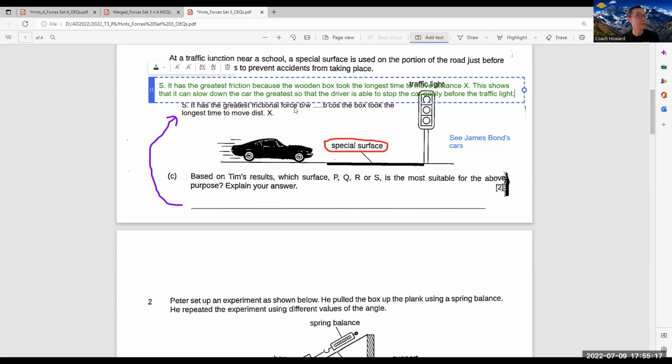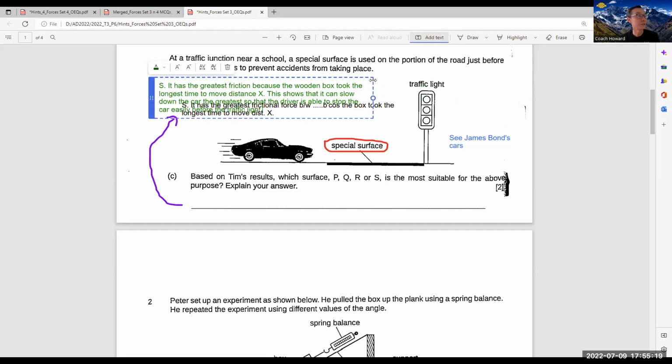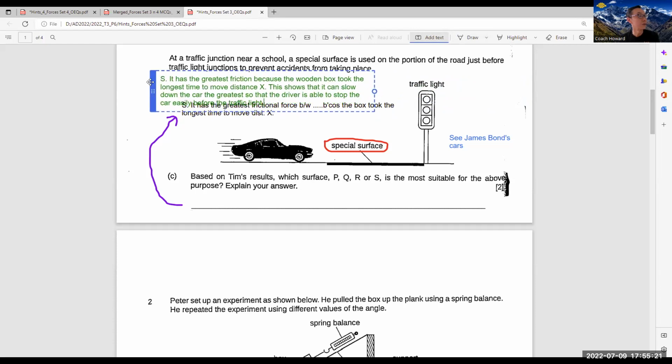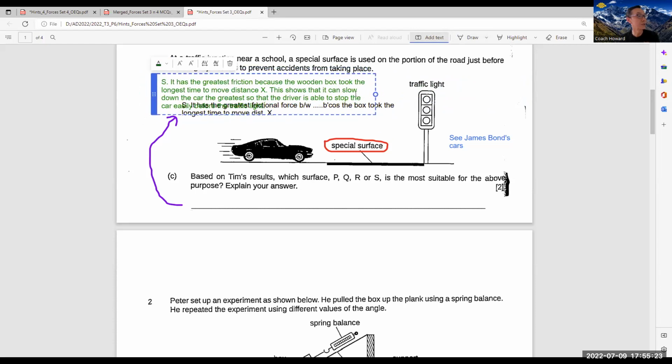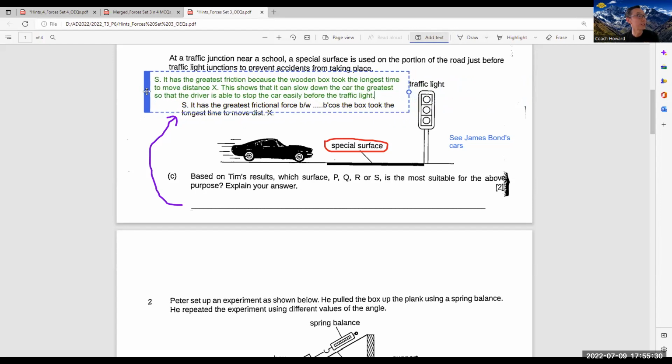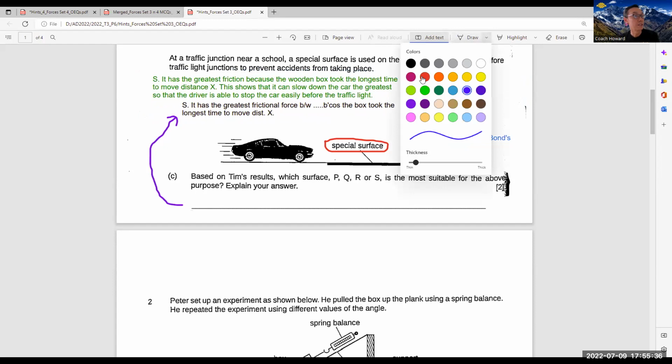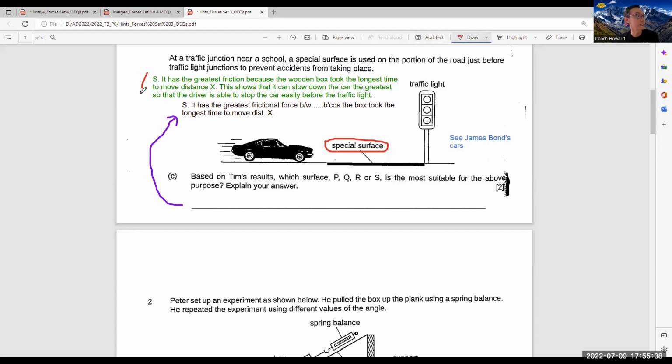Okay, for this part. Not enough space. Let me see. Okay, somewhere like that. So the answer is this part. You write S. This is the answer.